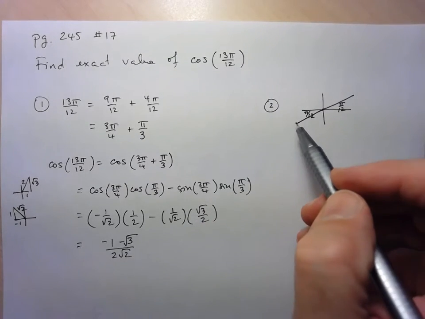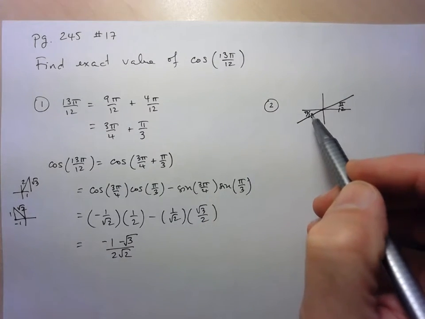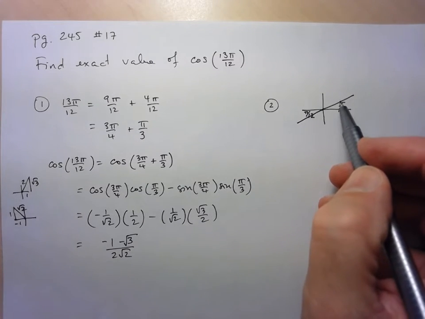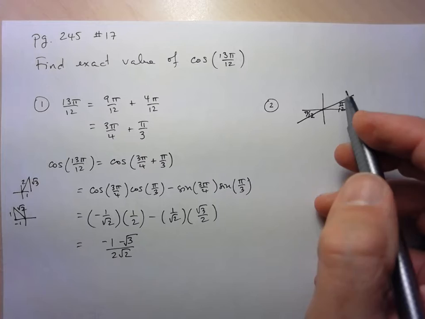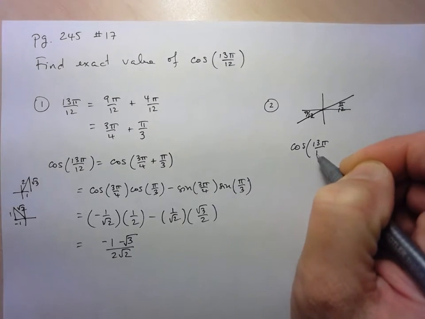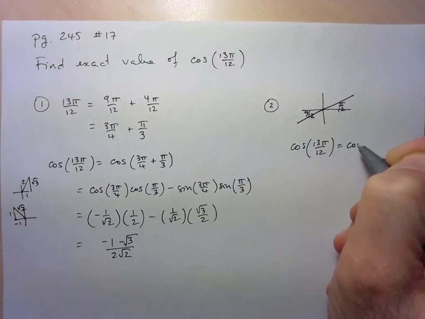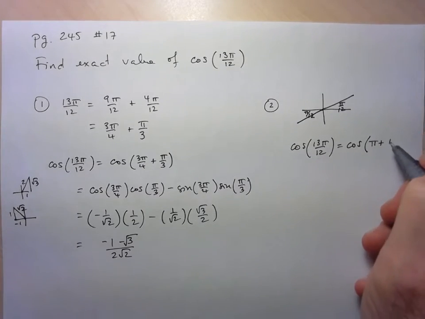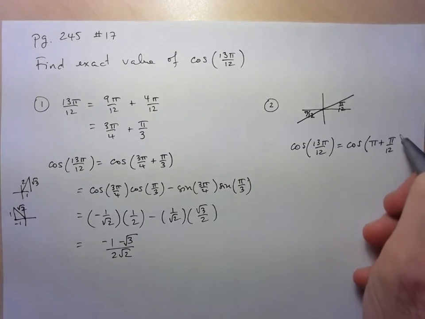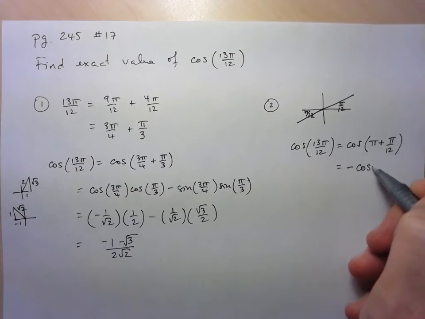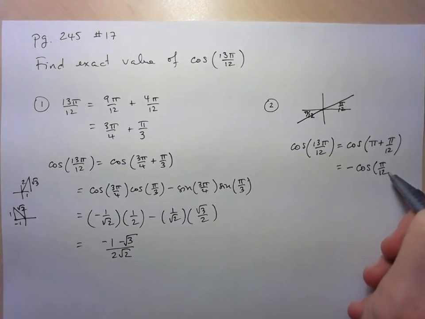I know the cosine of this angle in the third quadrant is going to be the negative of the cosine of the angle in the first quadrant. So I could rewrite cos of 13 pi over 12 as cosine of pi plus pi over 12, and this is just going to be equal to the negative cosine of pi over 12.